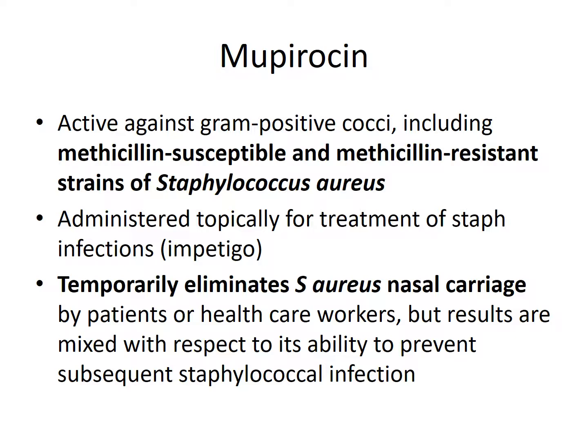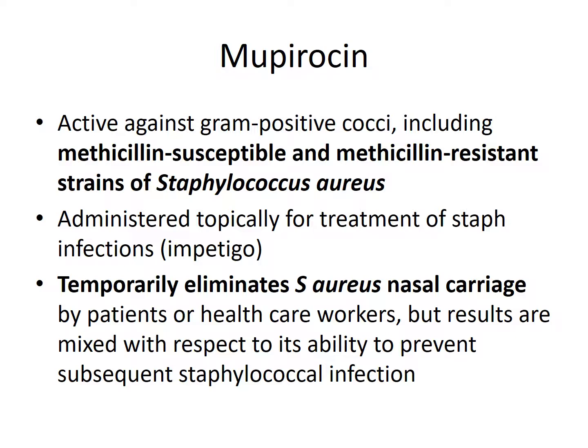In the perioperative area, you may see mupirocin because one thing that hospitals like to do is to get a handle on what patients are harboring methicillin-resistant Staph aureus, and the most common places for that to be hiding out is in the nose or the GI tract.